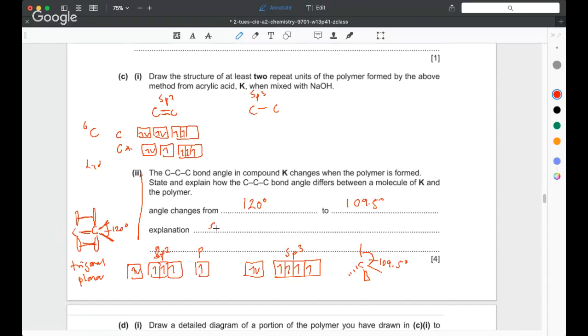And the explanation is that you're going from sp2 carbon with trigonal planar geometry to sp3 carbon with tetrahedral geometry. Okay.